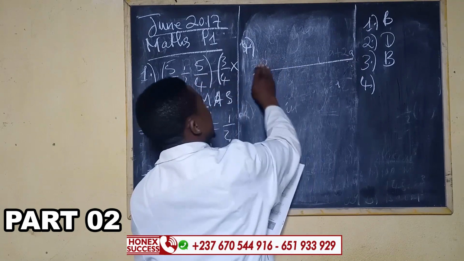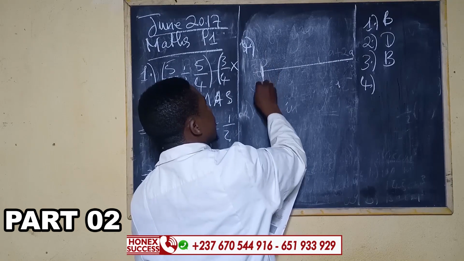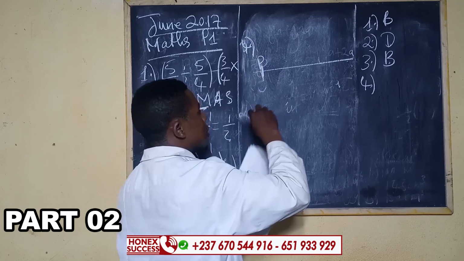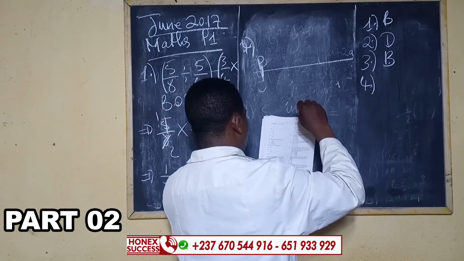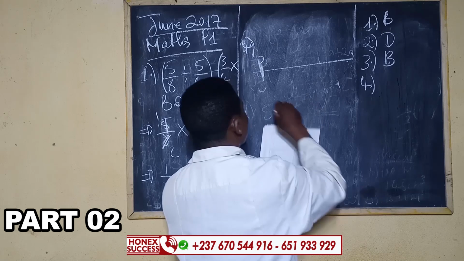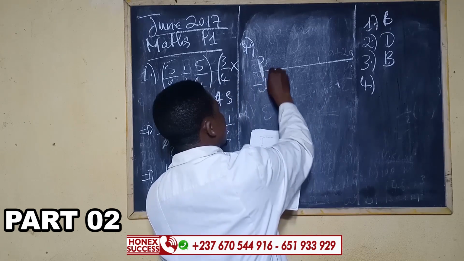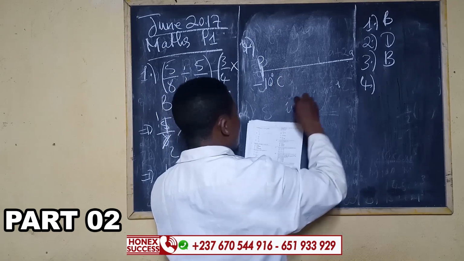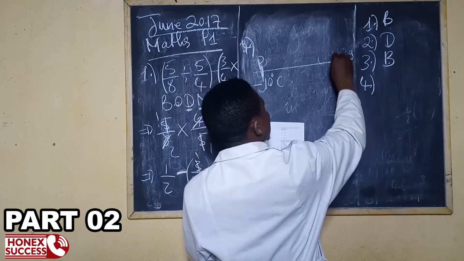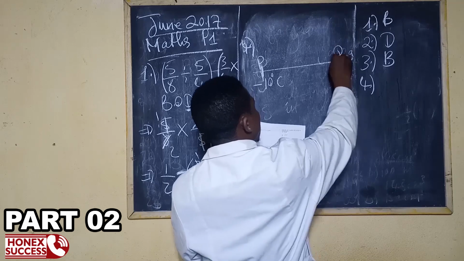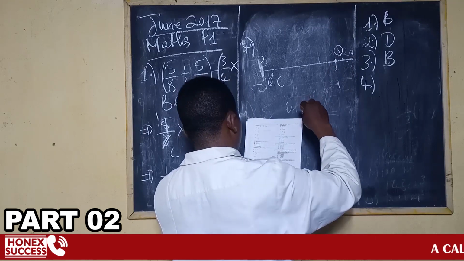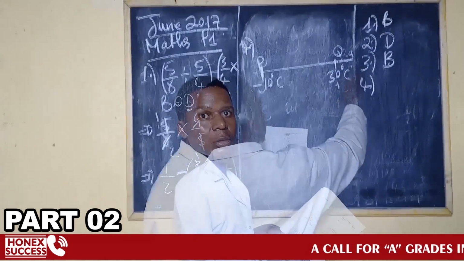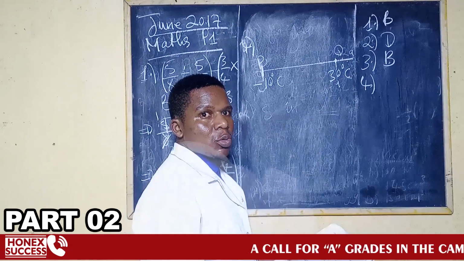This town is called P, the temperature is minus 10 degrees Celsius. Then we have at town Q, the temperature is 30 degrees Celsius. Okay, so the first temperature, at point P, that's the first value of the temperature.